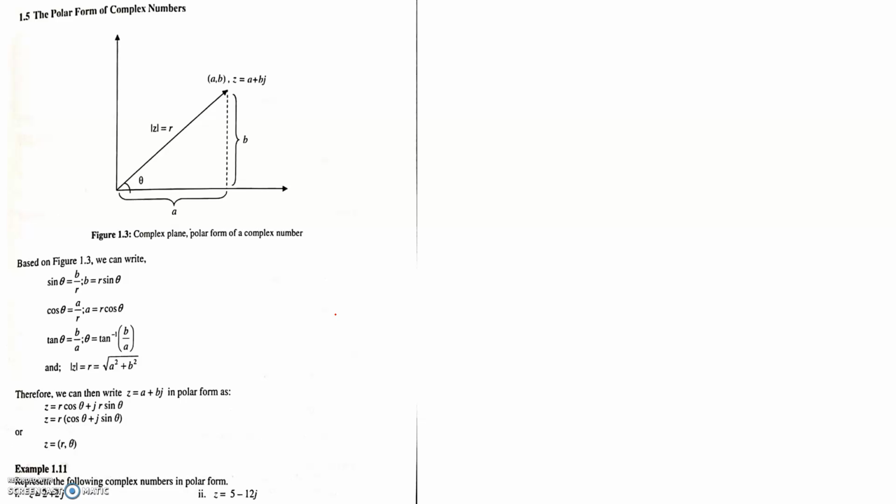Okay, so now let's talk about the complex polar form. In polar form, the formula is Z equals R cos theta plus j sin theta.